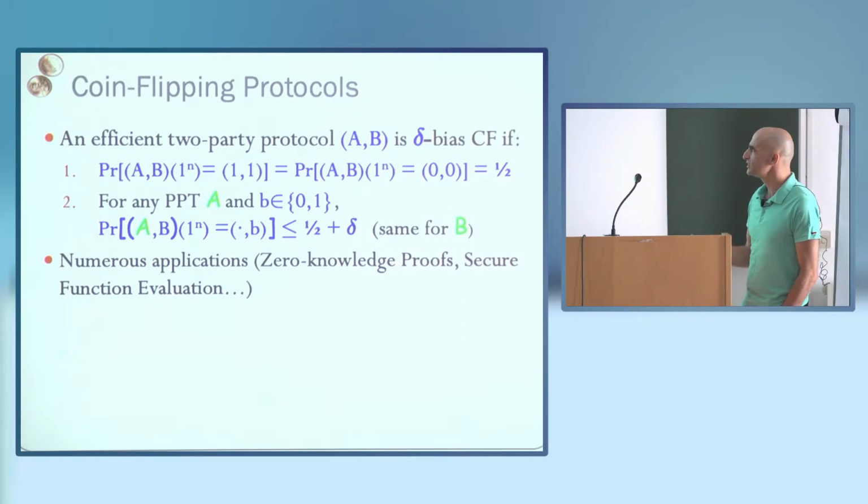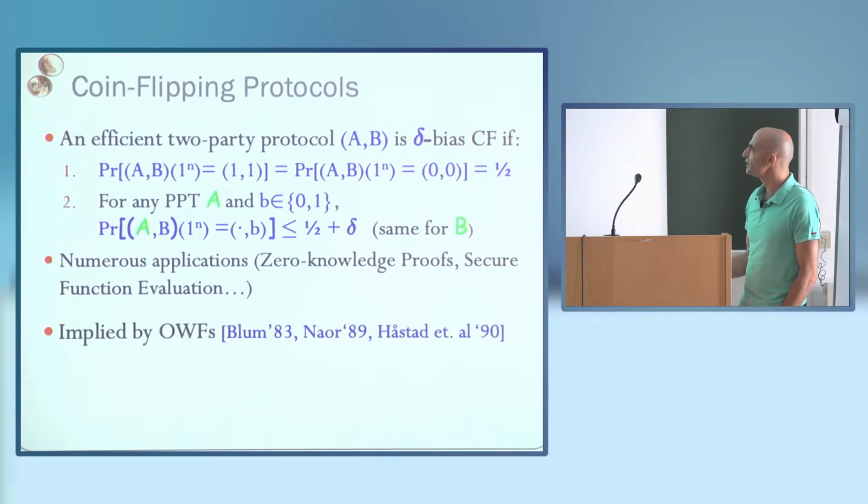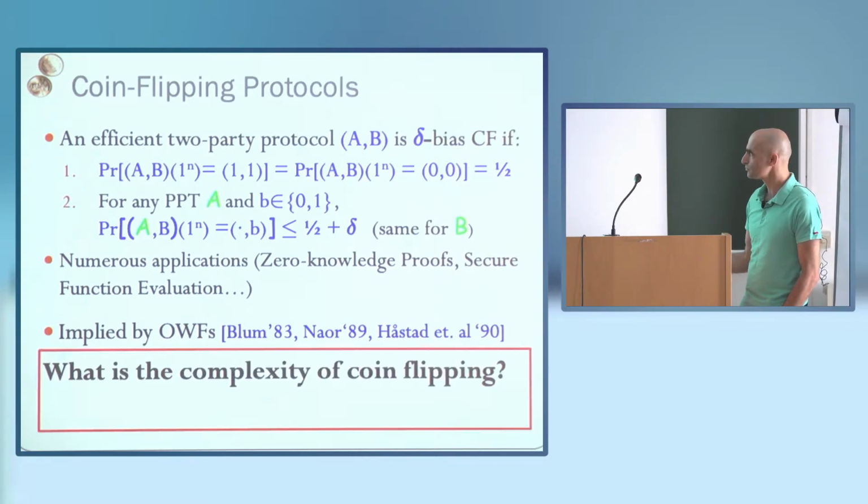So obviously, coin flipping has numerous applications in secure multi-party computation, in zero knowledge. I'm going to mention it again. And by Blum's protocol and by Naor and Håstad et al., from one-way functions, we can derive coin flipping.